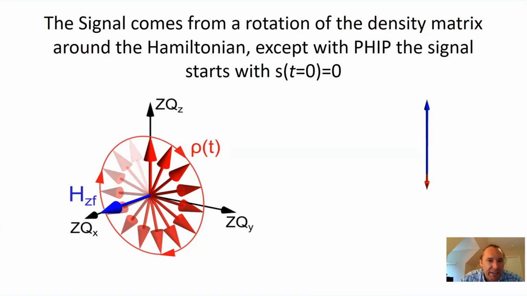So just to bring this back together: if we start with Iz minus Sz, that means we would start along zero quantum z, and then we see the rotation. In the case of parahydrogen, it's a little different. We generate zero quantum y with a pulse, and then it rotates to produce detectable zero quantum z order.